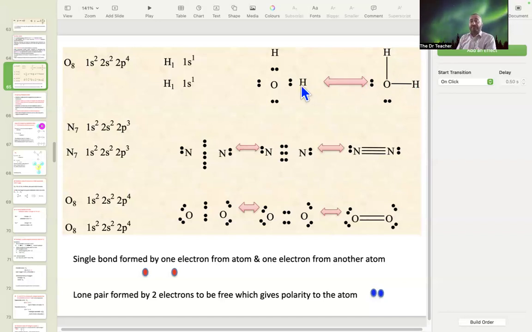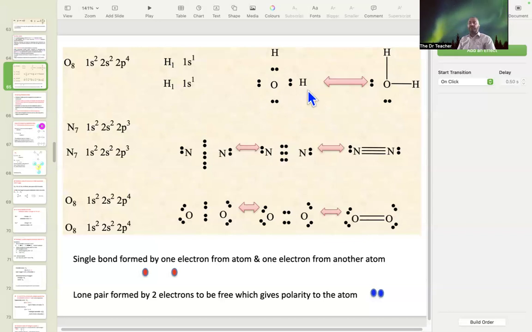Now, 2 and 2 here are the bonding for the two single bonds, that's 4 electrons. How many remain from the 8? Remaining 4 electrons. These 4 electrons will make 2 lone pairs, 2 free pairs of electrons.